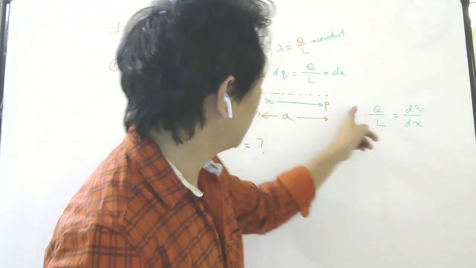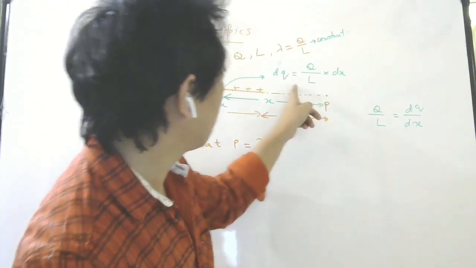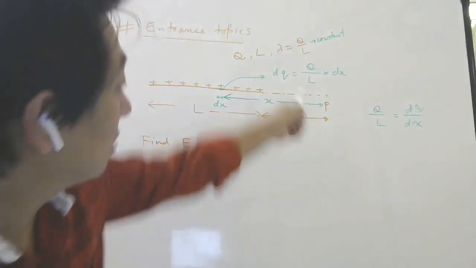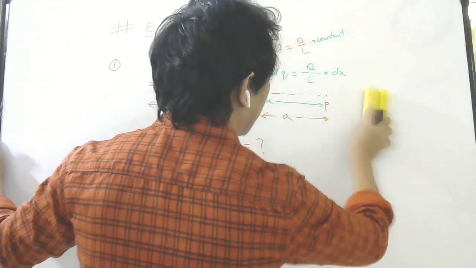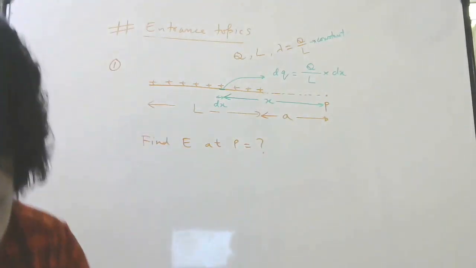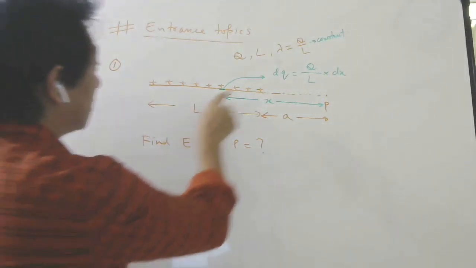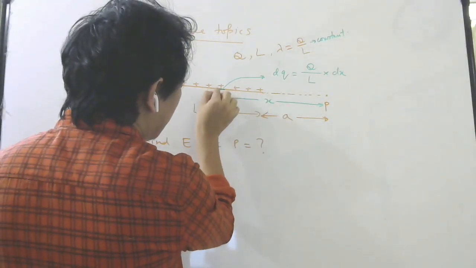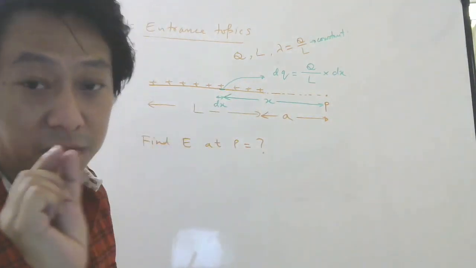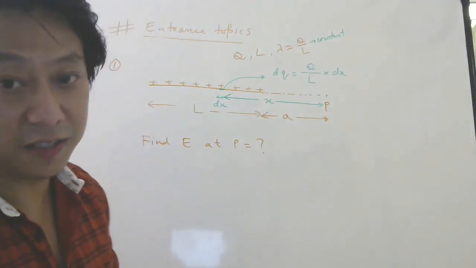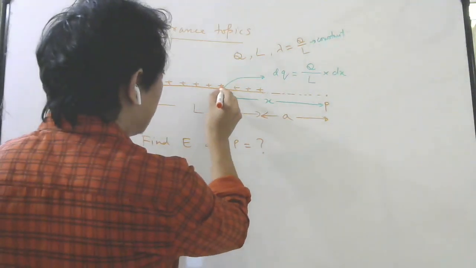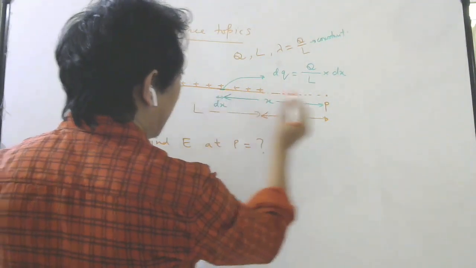So if you cross multiply, you will get what I am saying. So there are many ways of understanding this formula. Okay, so now I know that this dq is the charge of this small piece, and that small piece can be taken like a point charge. So the electric field produced by this charge at this point.